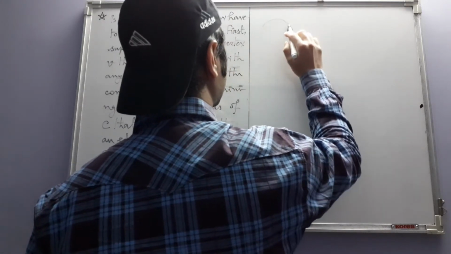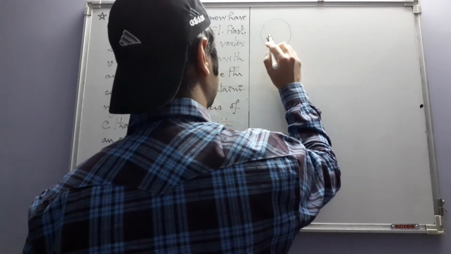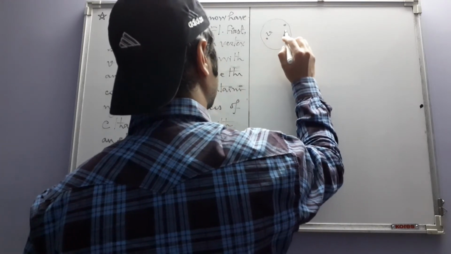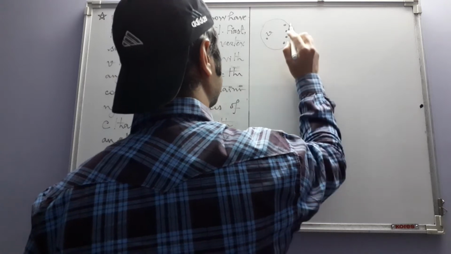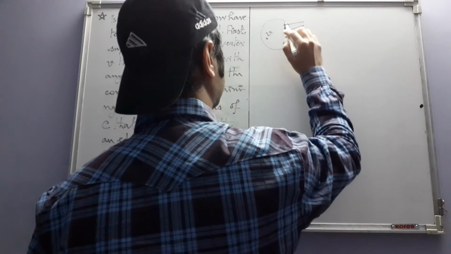We have to draw it once more here for the sake of clarity. Say we have these vertices here somehow.